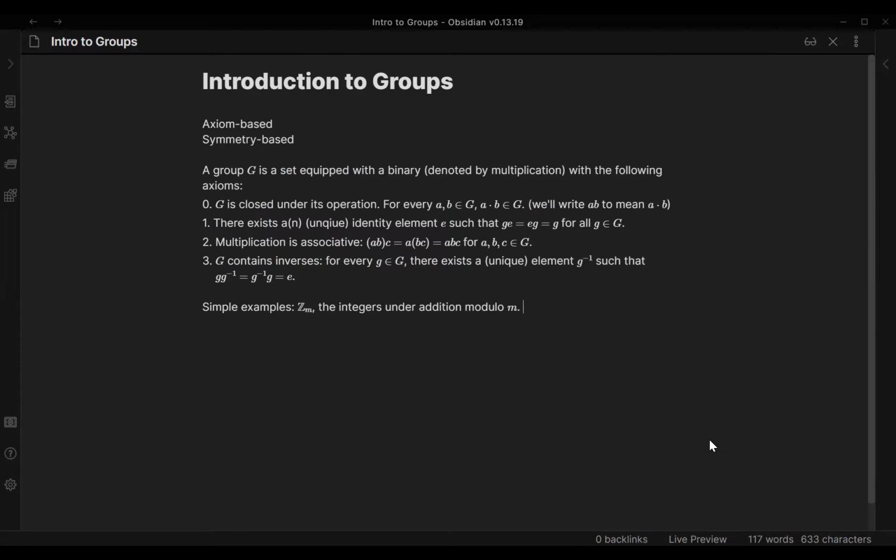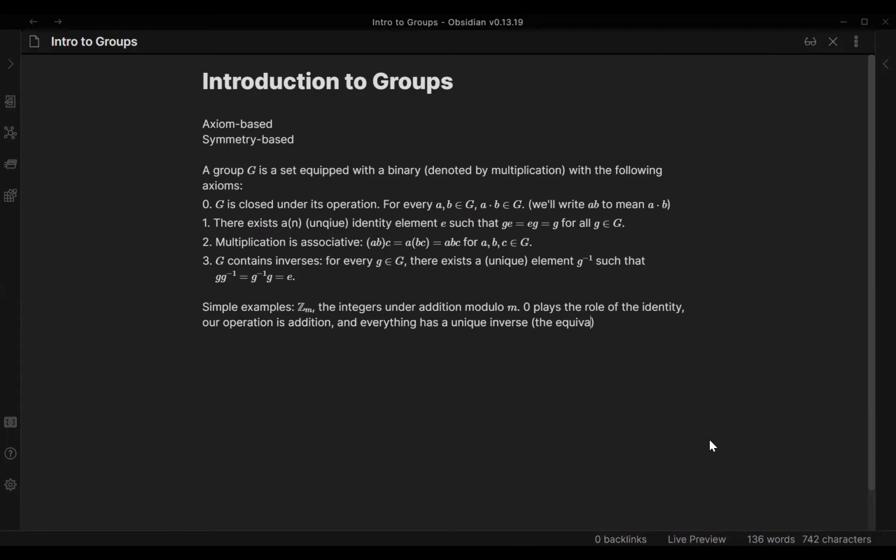It shouldn't be too shocking that 0 plays the role of the identity. Our operation is addition, and everything has a unique inverse.